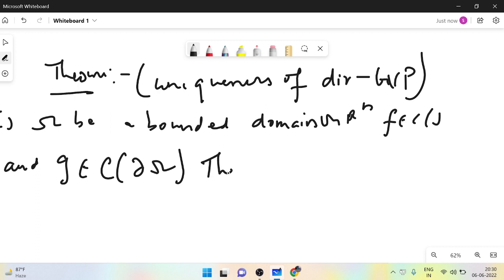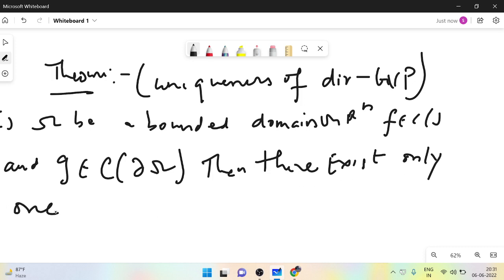Then there exists at most one solution to the boundary value problem minus delta u equals f with boundary condition g.